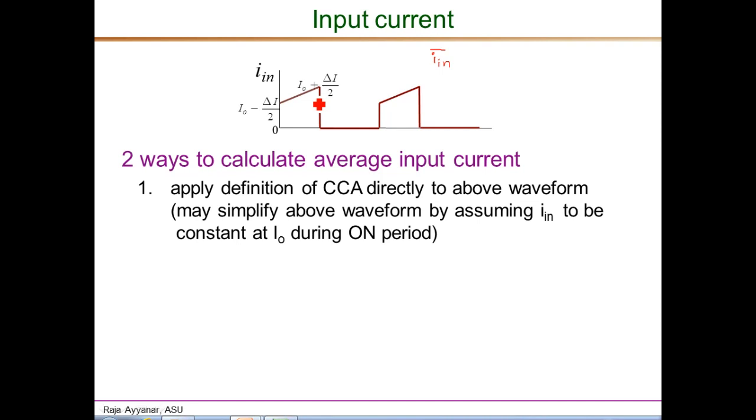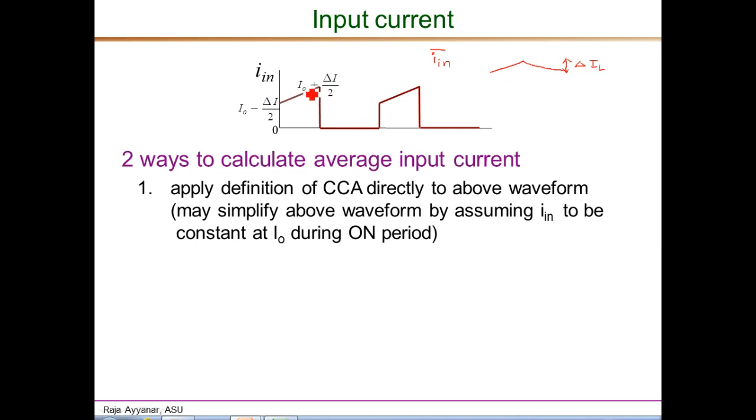Now I think we have not defined this quantity delta I over 2. So essentially the inductor current has this waveform, a piecewise linear waveform, and this peak-to-peak variation, from the lowest point to the highest point, that is what we define as delta I or delta IL.